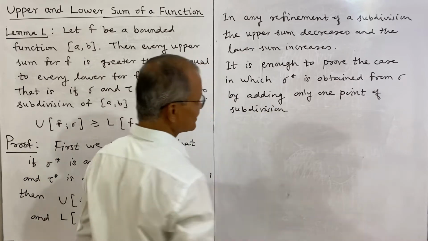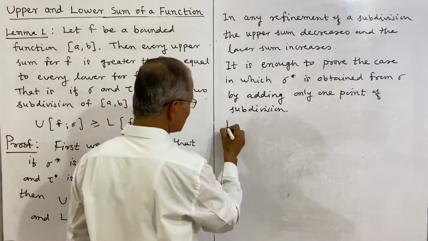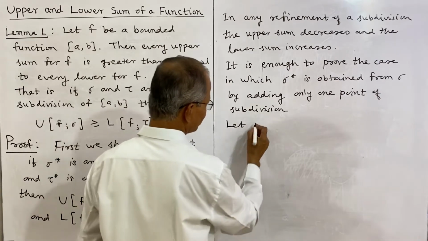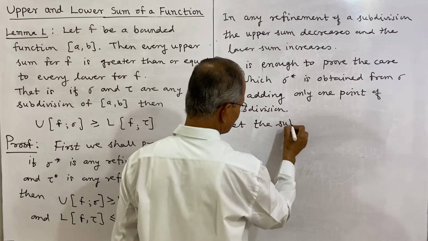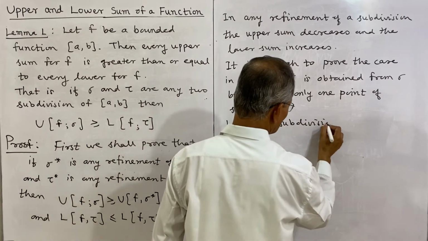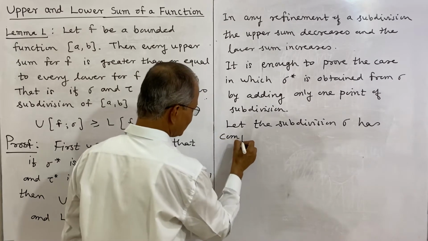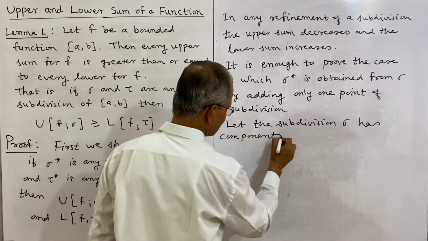How will we consider this? Let the subdivision sigma have components.